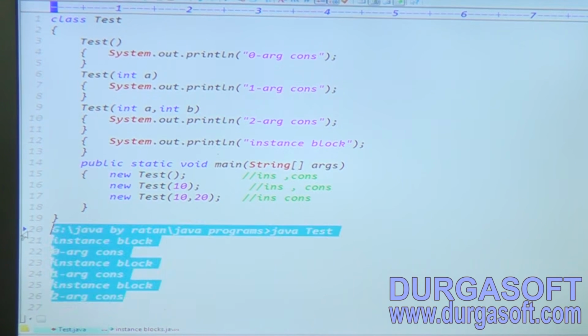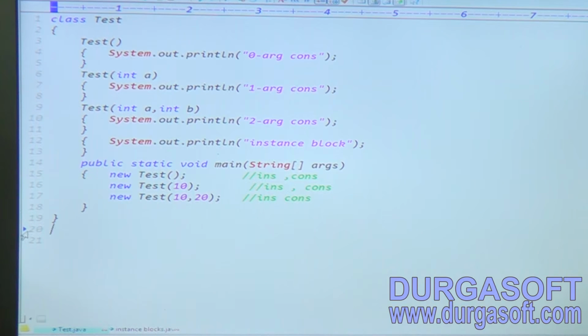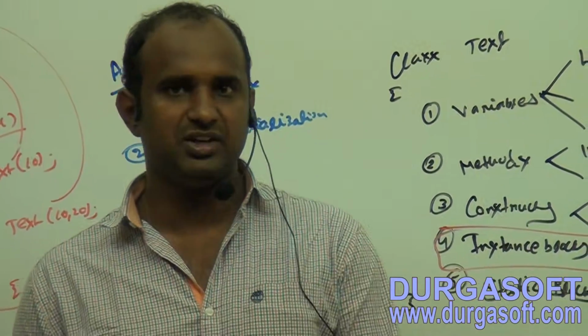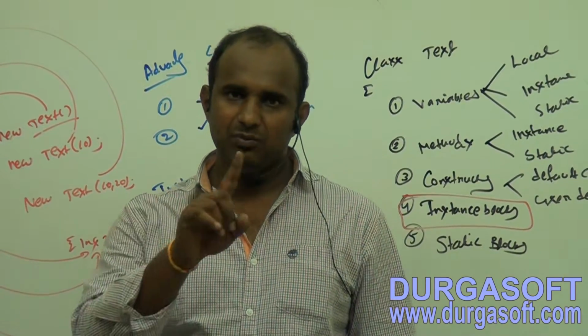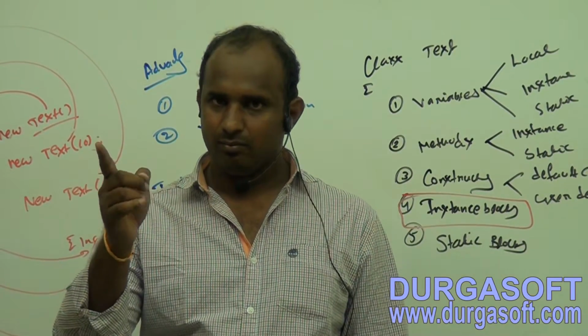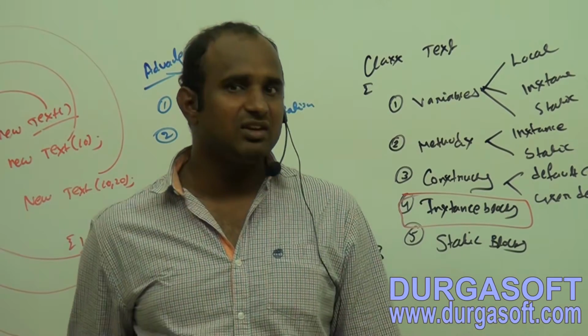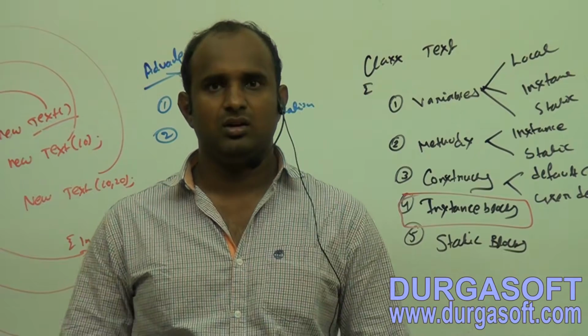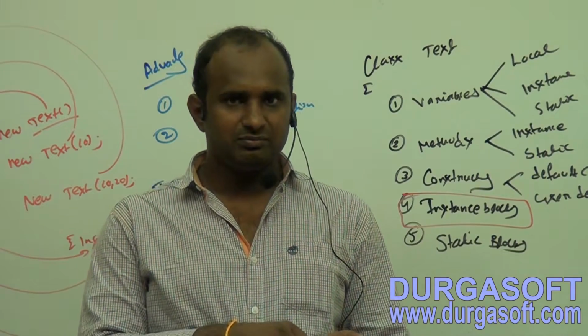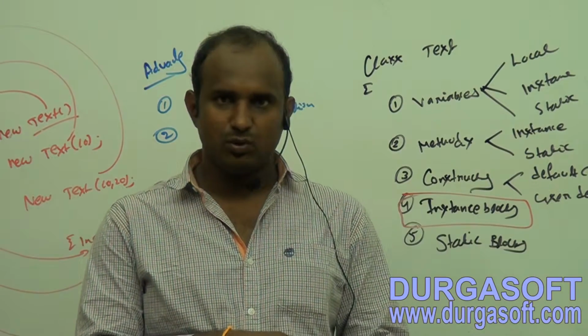Point is clear. So concentrate. Instance block execution depends on object creation. Once you created 10 objects, 10 times constructors executed, but just before constructors, how many times instance blocks executed? 10 times instance blocks will be executed. Is the point clear, this information about instance blocks?